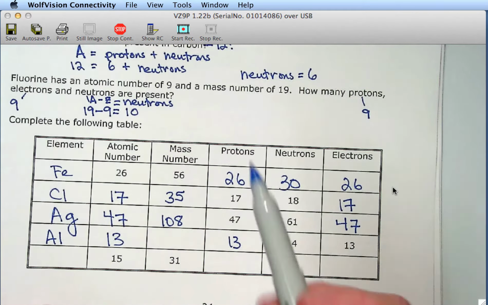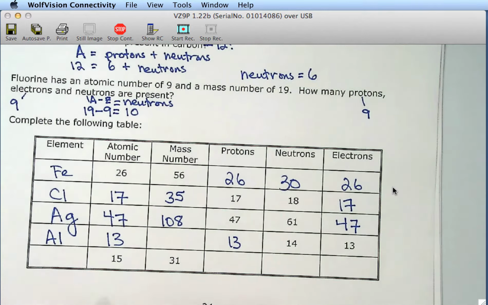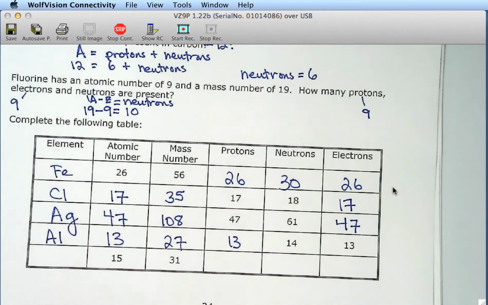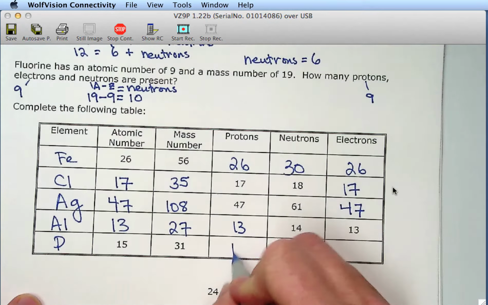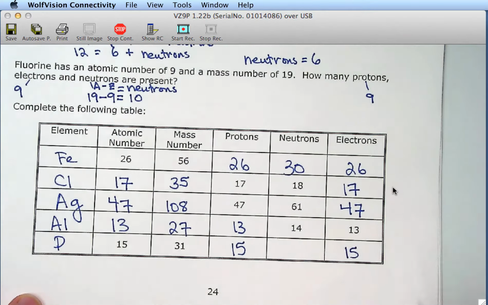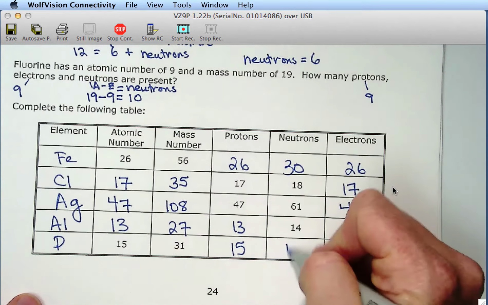So you get what for that? 27, that's right. And then the last entry, what element is it? Phosphorus. Good. So atomic number is the same as the protons, which is the same as the electrons. And then the neutrons is just 31 minus 15, so you end up with 16.